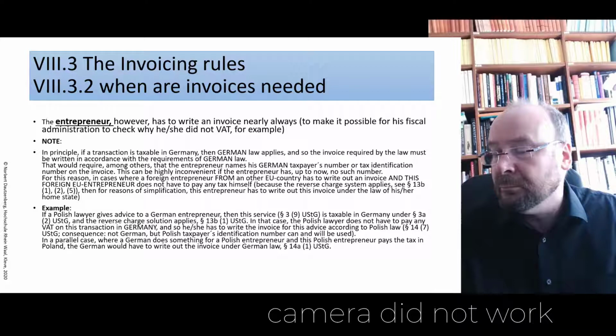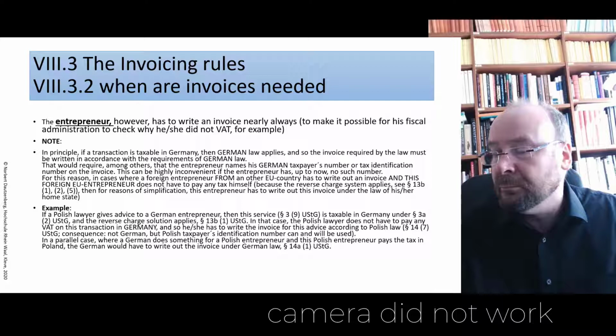Naturally, if it's a German VAT invoice, you have to give them your German VAT identification number or your German taxpayer's identification number. Why? Well, the taxpayer's identification number is needed to contact, if wanted, the entrepreneur's tax office in order to check if the guy is really known there, exists, and pays taxes there.